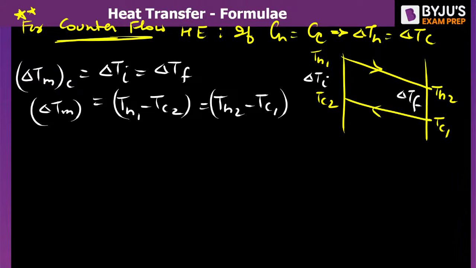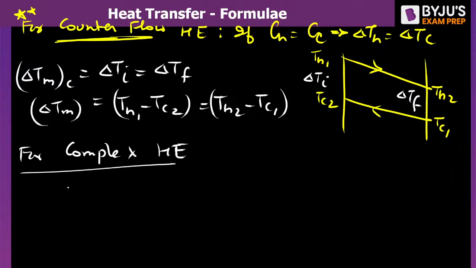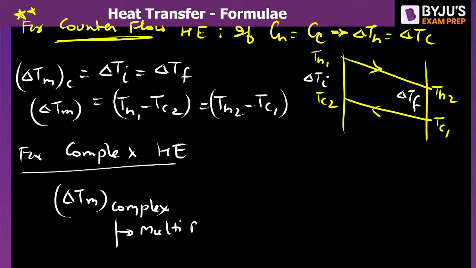And for complex heat exchanger, there is a parameter defined that is called as LMTD correction factor. So delta Tm for a complex heat exchanger. What is a complex heat exchanger? It can be multi-pass or cross flow heat exchanger.